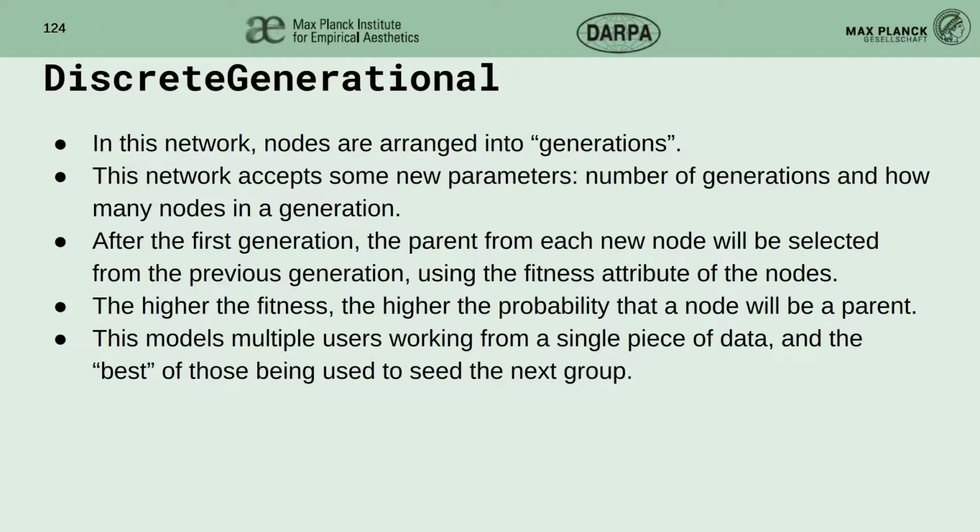In the discrete generational network construction algorithm, there is a fitness function. That fitness function can be whatever you want and is basically always experiment specific, what the concept of fitness means in this particular experiment. But that fitness function determines how the newcomer links up to the previous generation. Let me give you a couple of examples of things that we've done.